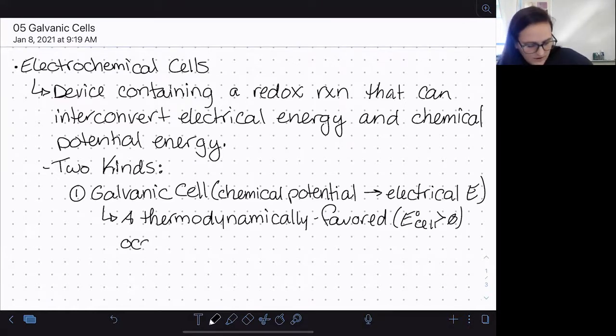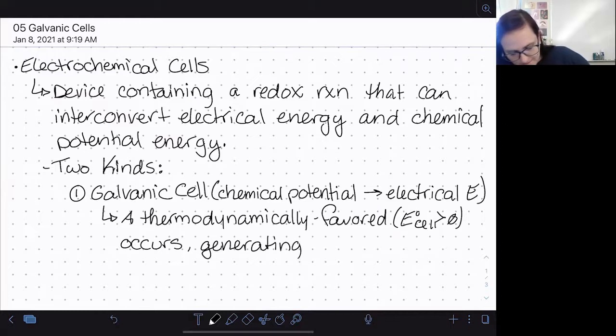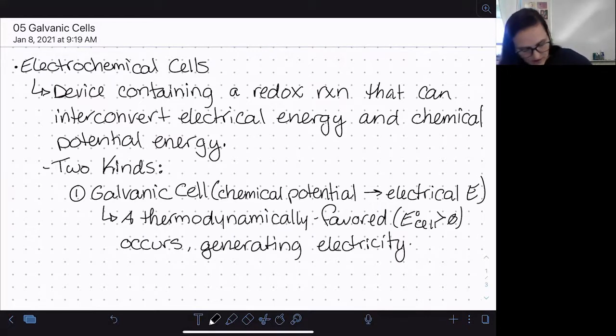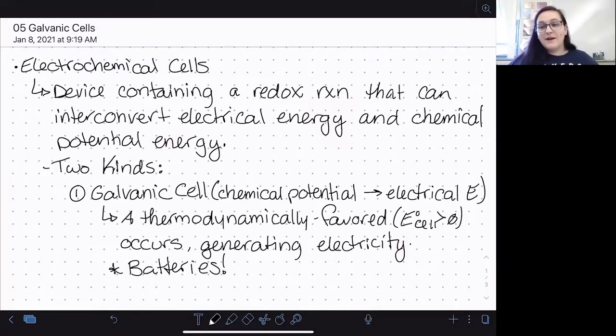So a thermodynamically favored reaction occurs, generating electricity. So galvanic cells are batteries, essentially. They produce electrical current, they produce electrical energy from a chemical reaction.